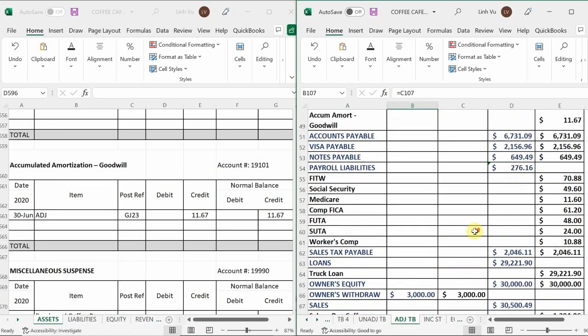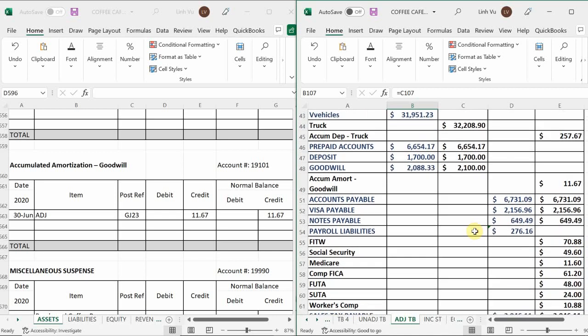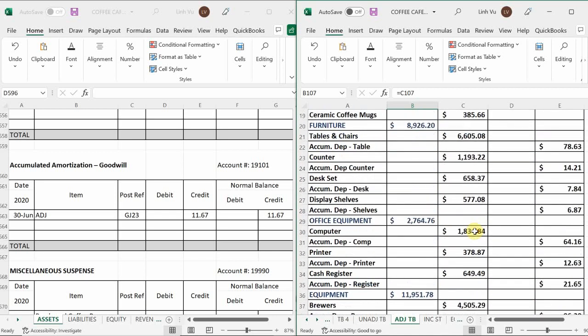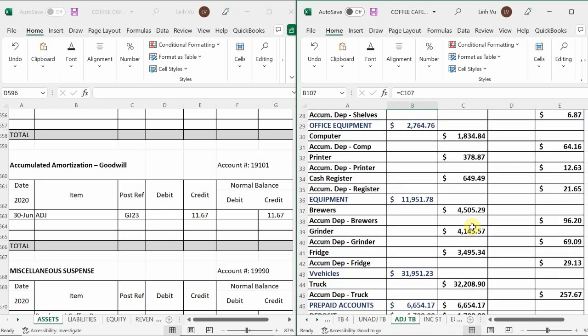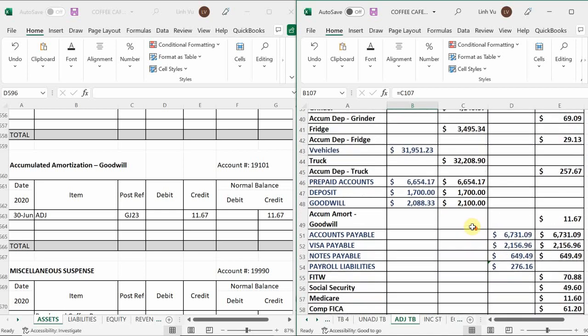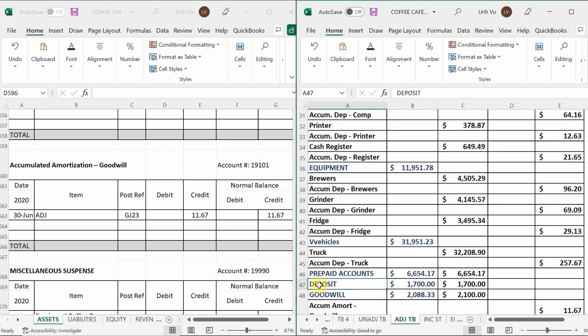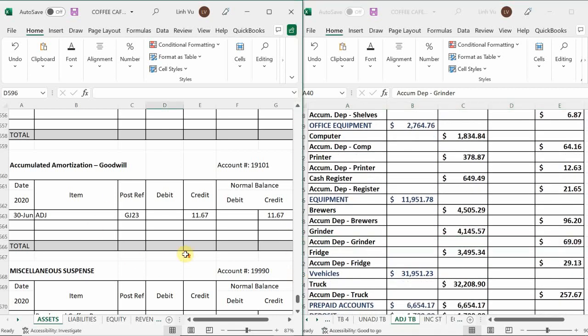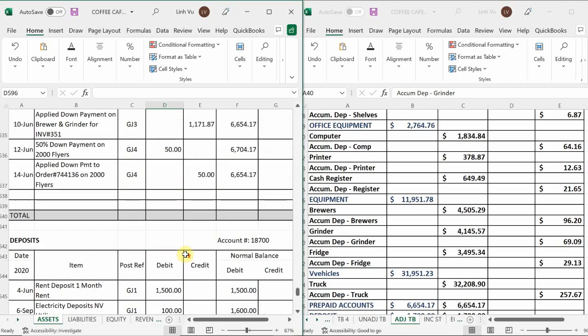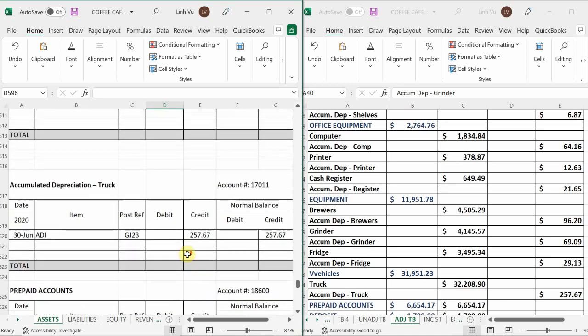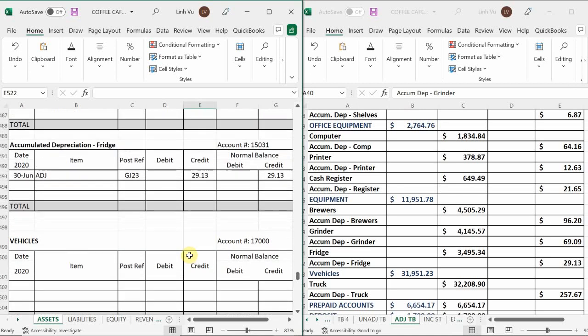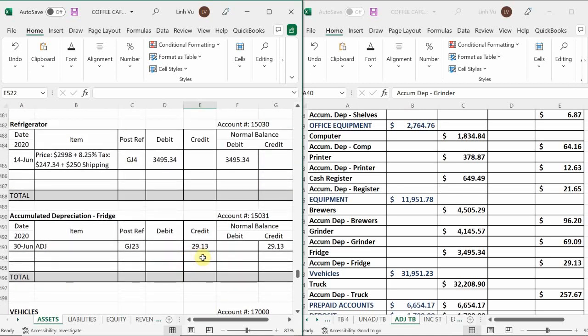$11.67. $257.67. $29.13. $69.09. $96.20.